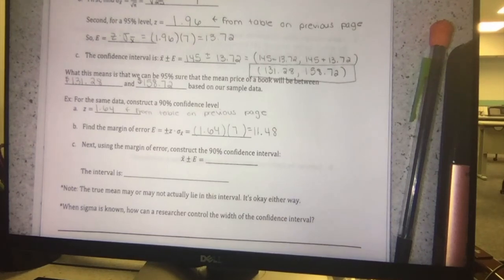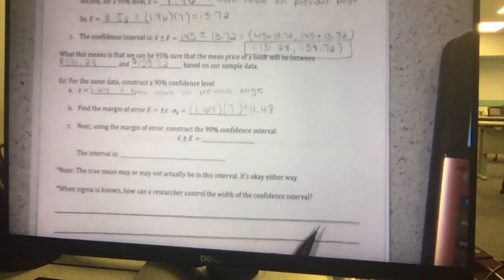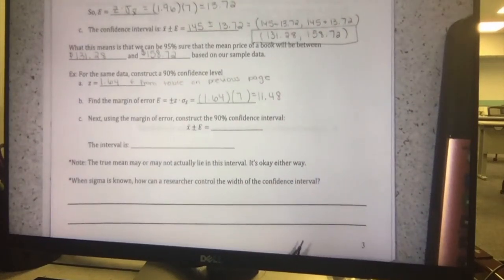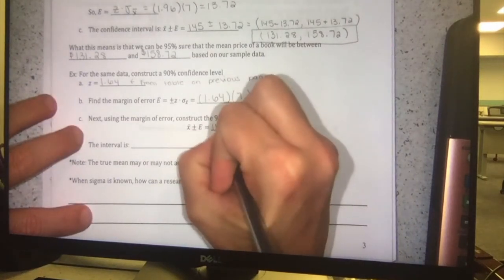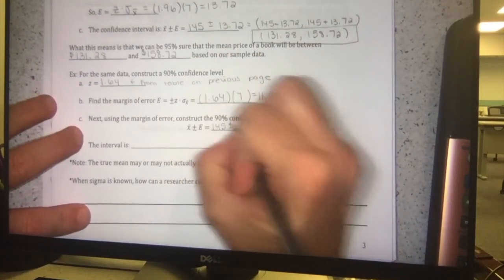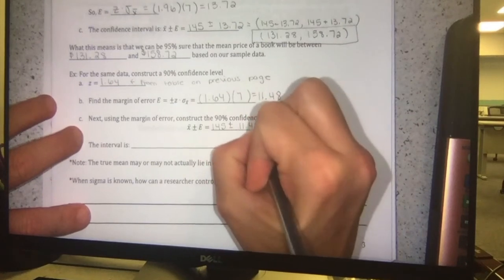So using this new margin of error, construct a 90% confidence interval. So our x bar, which is 145, plus or minus our new error, which is 11.48.